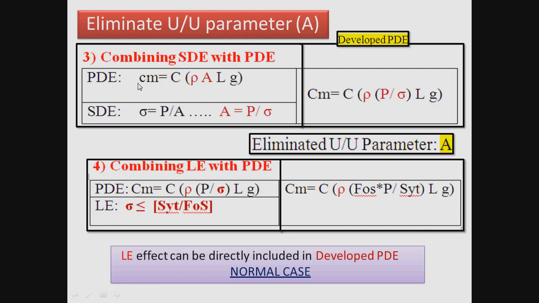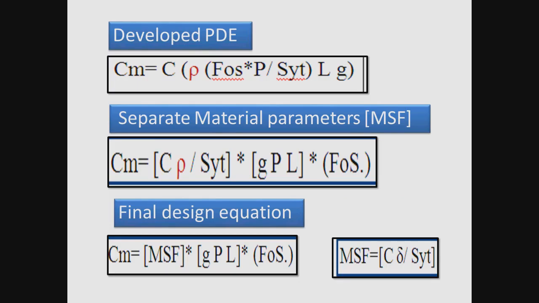Once you complete this, the next step is to separate the equation into three types: functional requirement parameters, material requirement parameters, and geometrical parameters. The important thing for us is the material parameters.